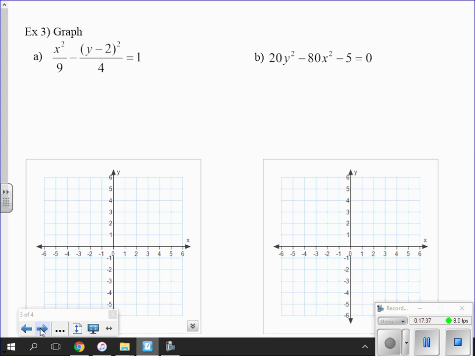Okay, graphing. In order to graph a hyperbola, you need the same three things that you needed to graph an ellipse. You need center, A, and B. So my center is 0, 2.